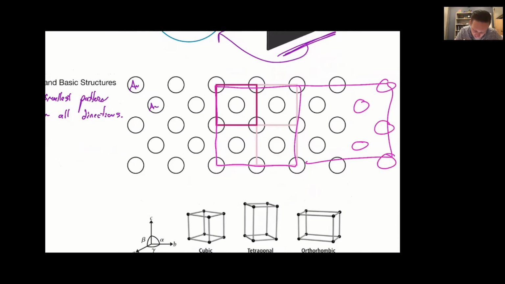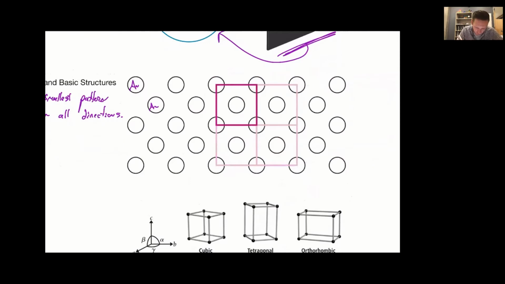But it's not the smallest yet, so we shouldn't call it the unit cell. You go one smaller and you start to cut fractions of atoms. So right through there, if you take that pattern and repeat it in any direction, you get the same thing over and over and over again.